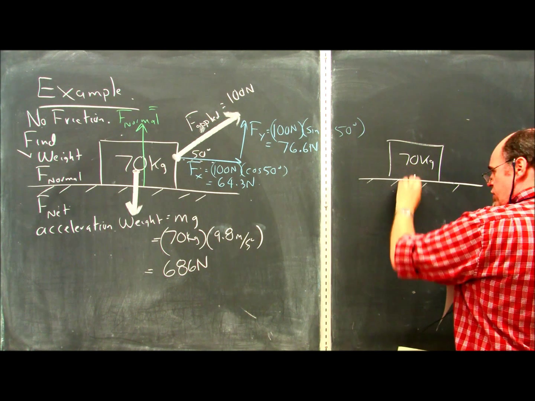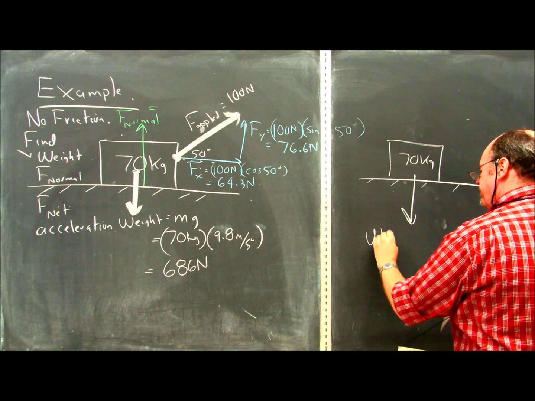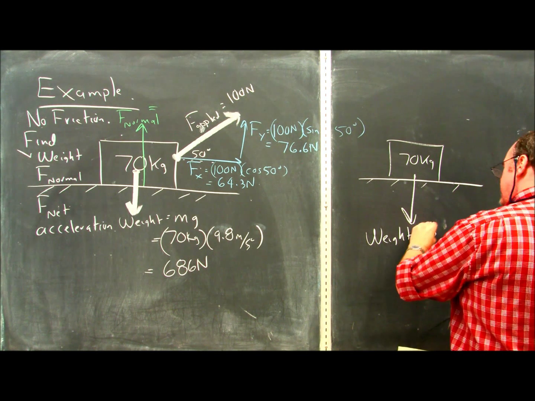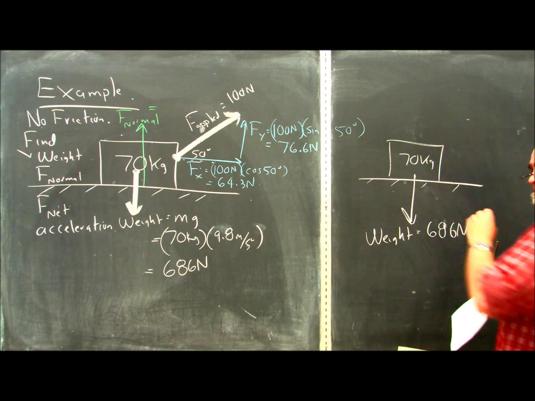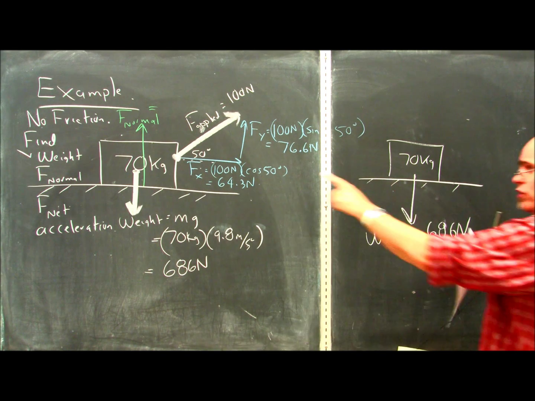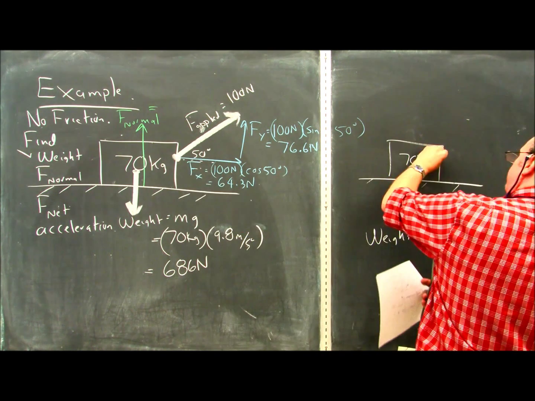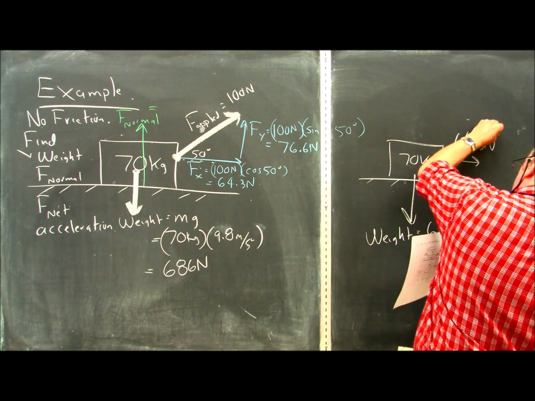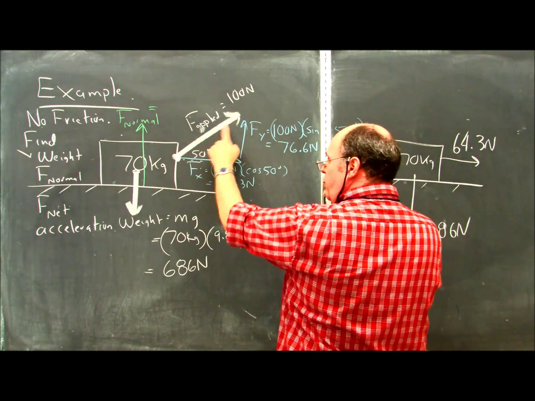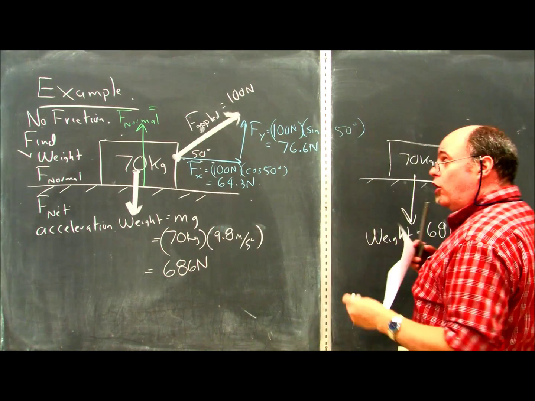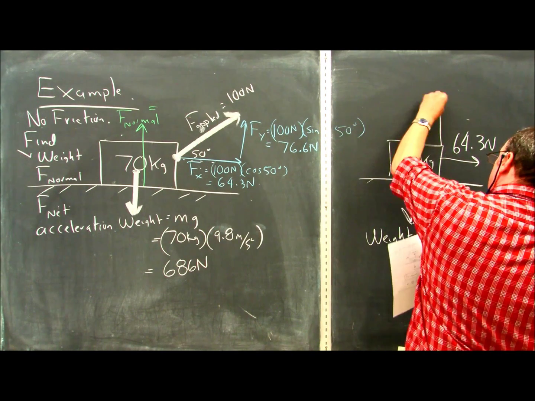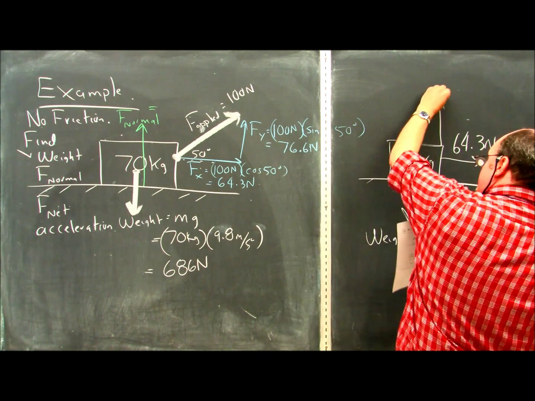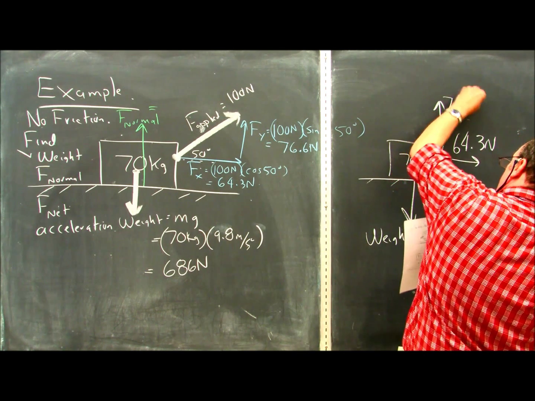I'll say we have this weight going down, which is 686 newtons. I'll say we have this force pulling the box to the right with 64.3 newtons. I'll say some of this force is actually trying to pull the box up off the ground. So that force going up is 76.6 newtons.